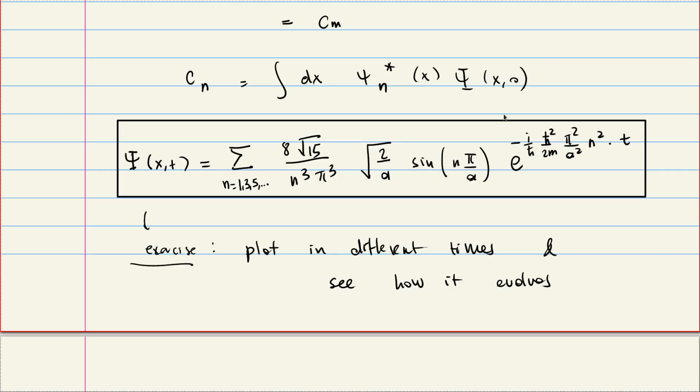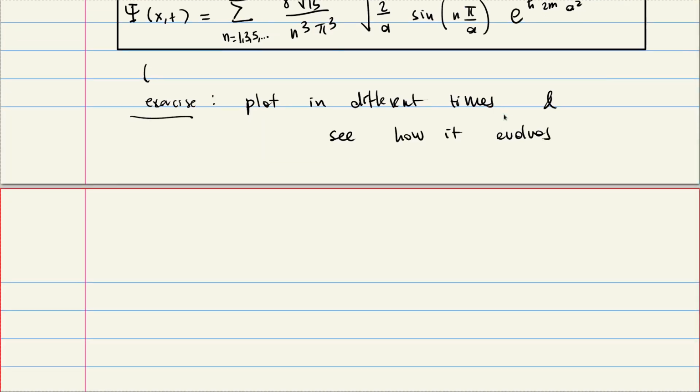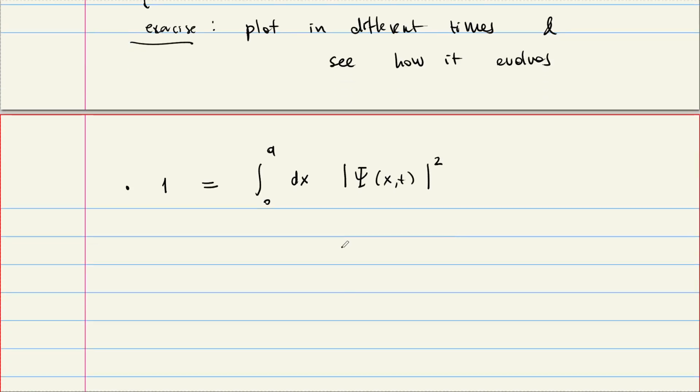Any questions? Now let's check another thing we have previously demonstrated in more abstract terms. Let's see if normalization is preserved in time. So this is the integral from 0 to a, dx, of psi star psi. Now I'm writing the full psi with all of its time dependencies. Now inside each psi there is a sum, and there are two sums multiplied.